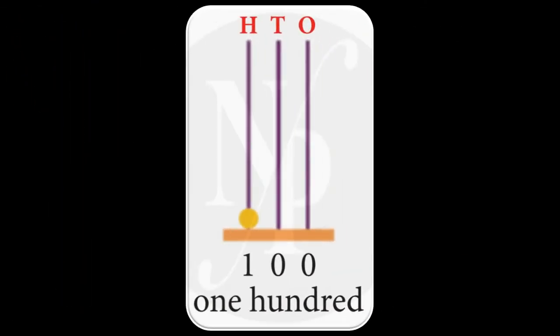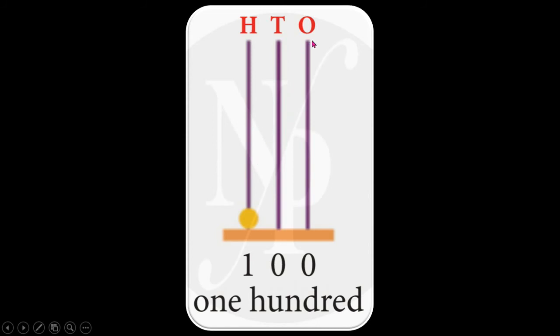And now let us see how to represent these numbers, or hundreds, on an abacus. To represent the numbers in hundreds, we need 3 rods on an abacus.